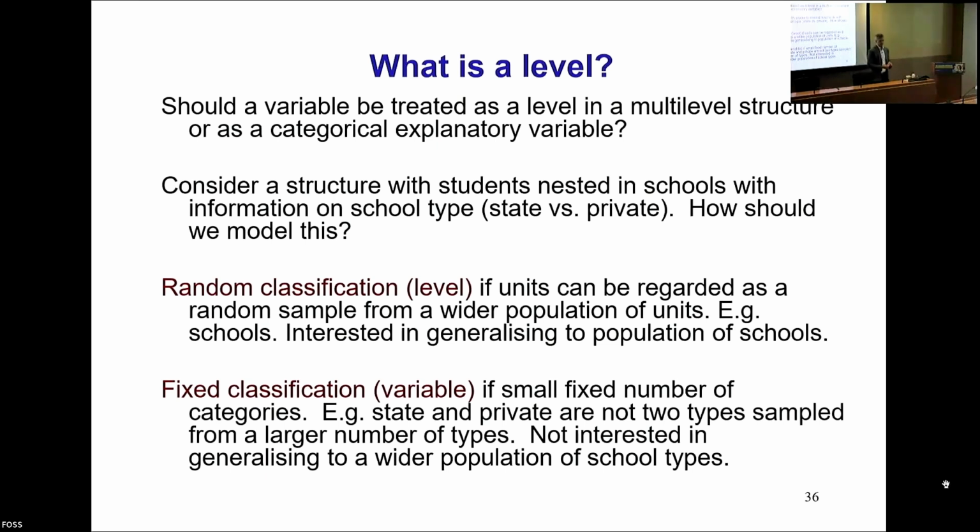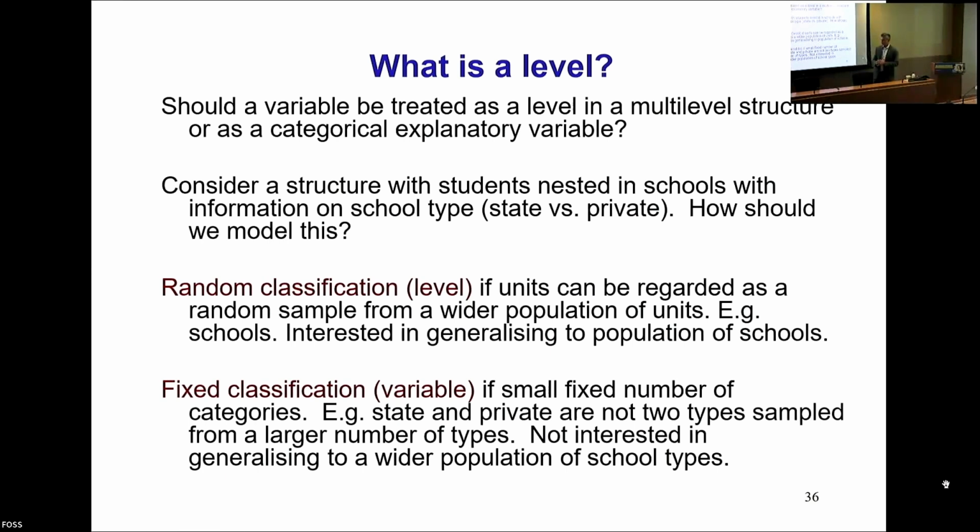So in general, if you have a variable that has fixed categories, say sex is relatively easy, there's just two categories. But say it's ethnicity. Ethnicity has many categories, can be 5, can be 10, sometimes even more.